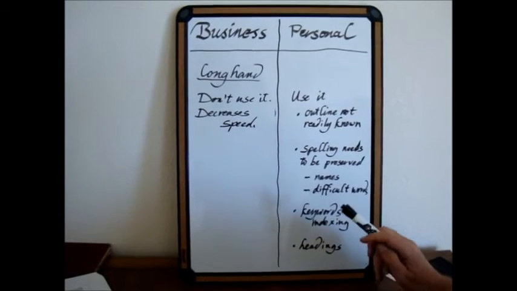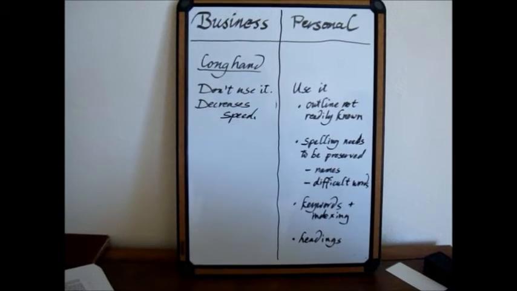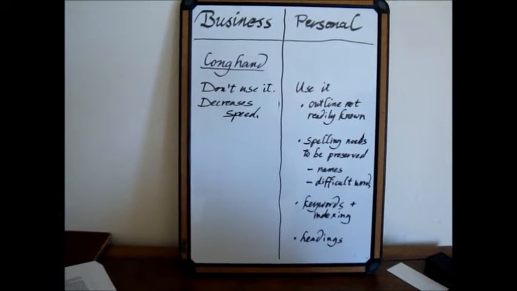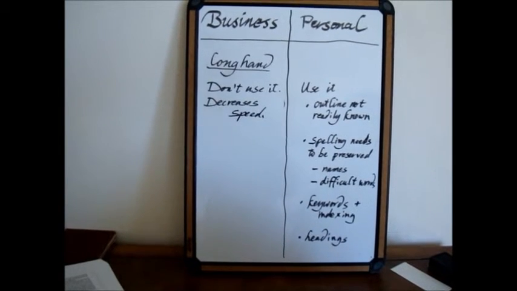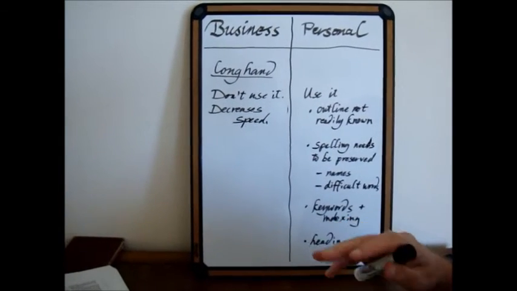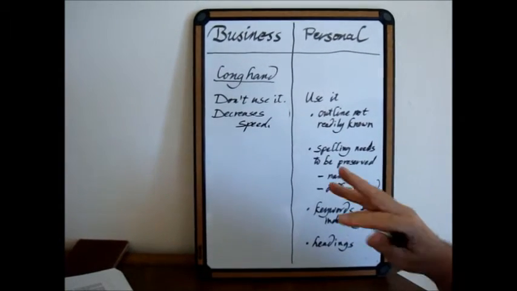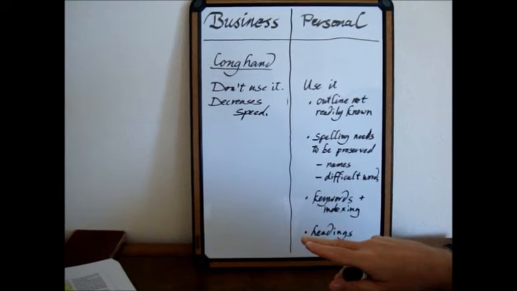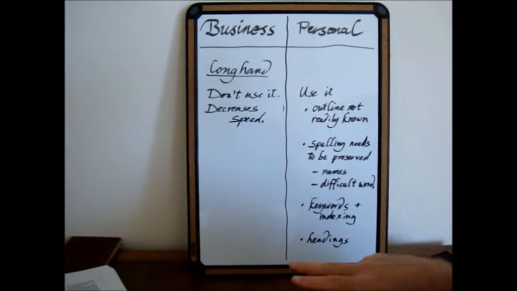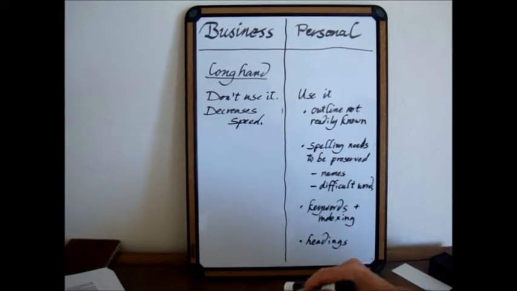Another very useful use for longhand in the personal context is keywords and indexing. If you want a keyword, or this is related to the final bullet too, headings. If you want a keyword or heading to help you organize your notes, write it out in longhand, and it will stand out from the page of shorthand notes, and you can very quickly home in on the area of interest, and then from there read your shorthand about that.